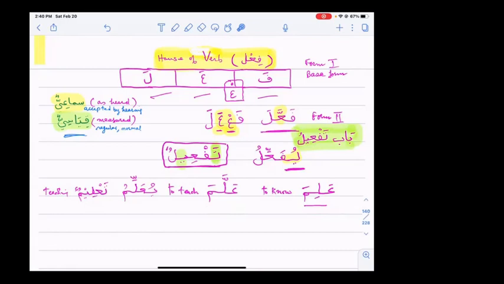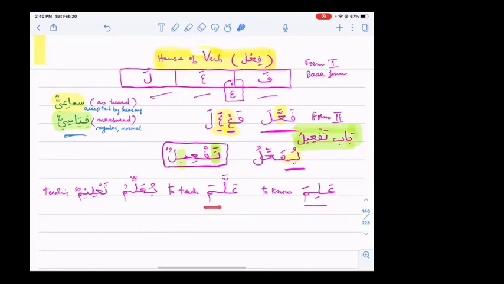It will come in our dars, you know. This has one mafulun bihi. Now it will have two mafulun bihis. And suppose there was a verb with no mafulun, like jalasa yajlisu, which has no mafulun bihi.